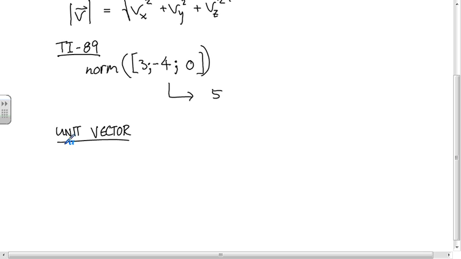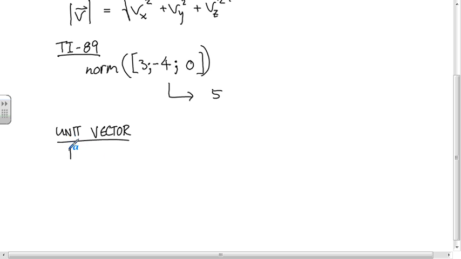You can always break vectors up into a number that represents its magnitude times a unit vector that represents its direction. The magnitude of the vector represents its length, and the unit vector represents its direction.